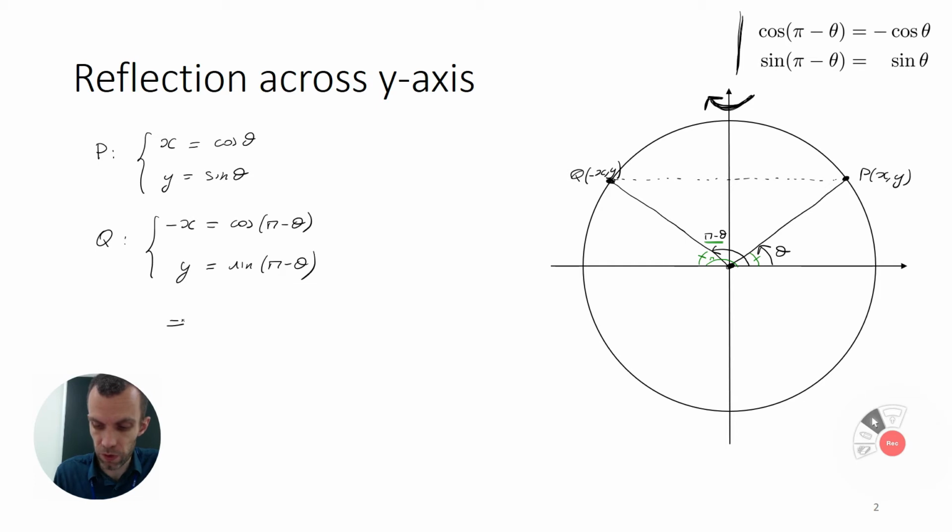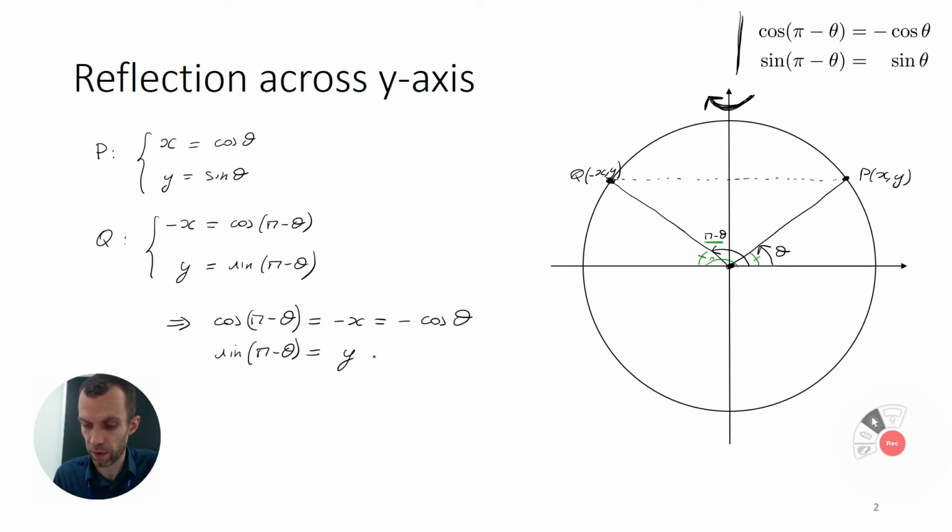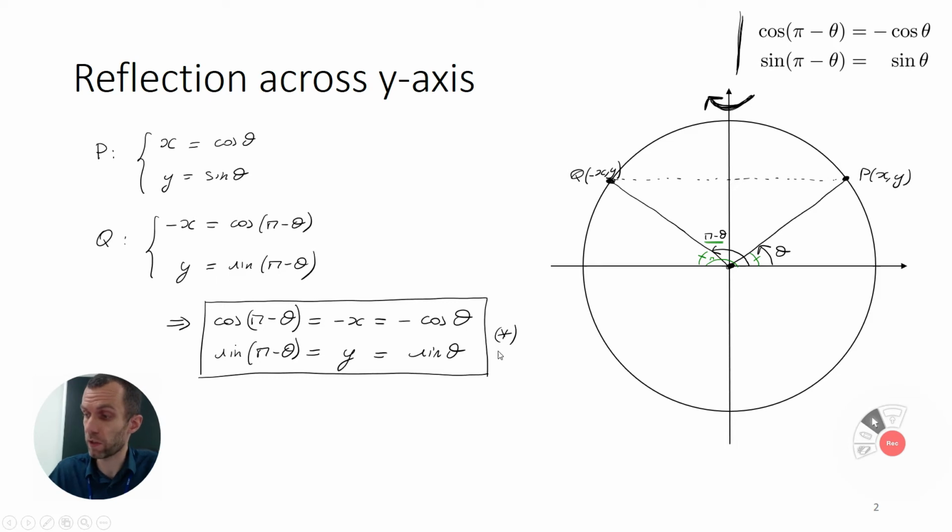If I put these two together, what I get is that cosine of pi minus theta is equal to minus x, which is minus cosine theta, and sine of pi minus theta is y, which is sine theta. And that gives us precisely the formulas that are up here.